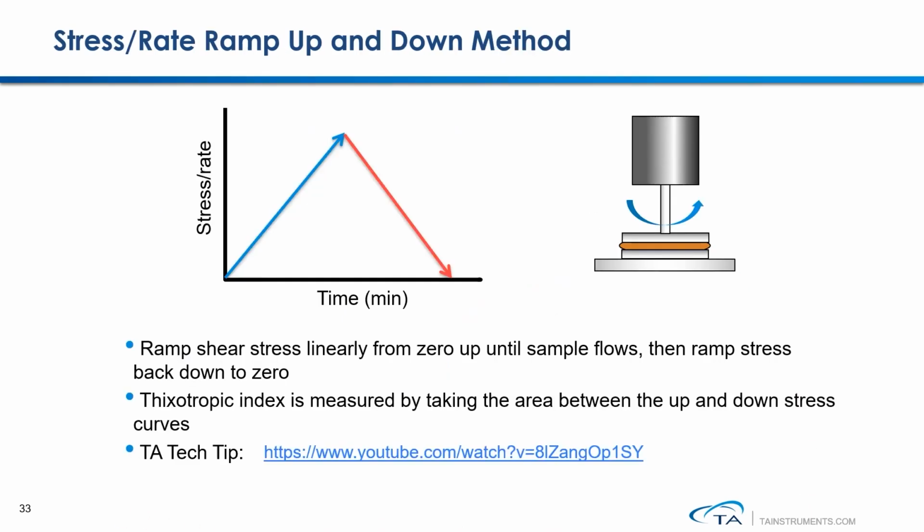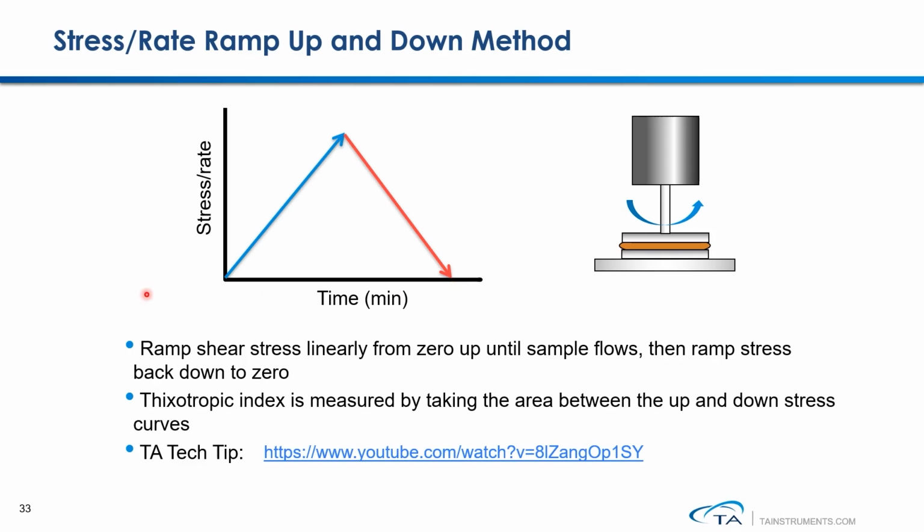Another method people use to quantify thixotropic index is by doing a thixotropic loop test. This is a shear stress or shear rate ramp up and down method. For example, we can ramp shear stress linearly from 0 up to 100 Pascal in 1 minute, and then ramp the stress back down from 100 to 0 in another minute.